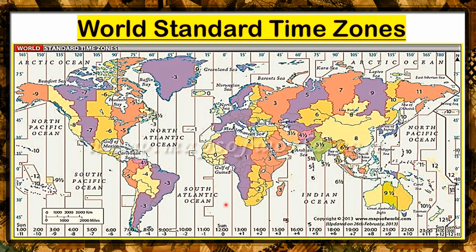And then from 0 degrees going to the left or western part, it is -1. You are behind. If it's November 2 here in Asia, it means November 1st in the western part of the world. So that is what you call world standard time zones, which is recognized by all countries in the world.